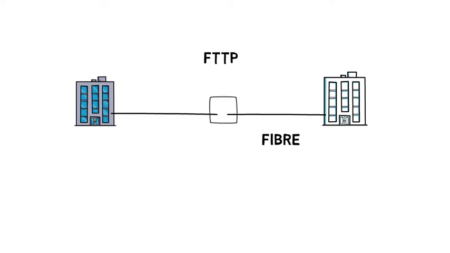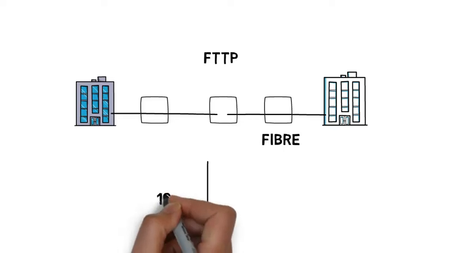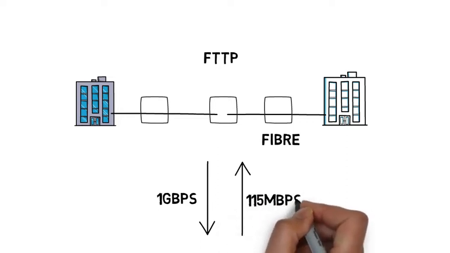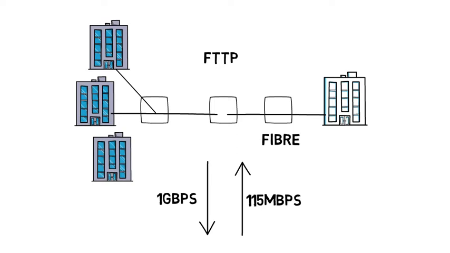The street cabinets are replaced with network nodes where fibres are spliced and consolidated in a complex branching network all the way back to the nearest core node, which is usually at the local exchange. Now, these circuits can offer bandwidth up to 1 gigabit per second downstream and 115 megabits per second upstream. But bear in mind that these fibre routes are shared, so connections are likely to get congested at busy times, which will result in variable speeds.